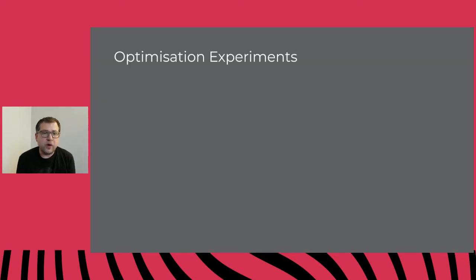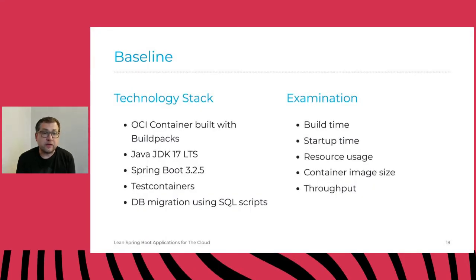Now, if you want to optimize, obviously, there are a few things to be aware of. Before doing experiments, I want to narrow down the technology stack we are using. We are going to create Docker containers with build packs. That is something native to the Spring Boot ecosystem anyway, even though I'm always realizing that not many are using build packs to create their containers, but I will use that in my example.